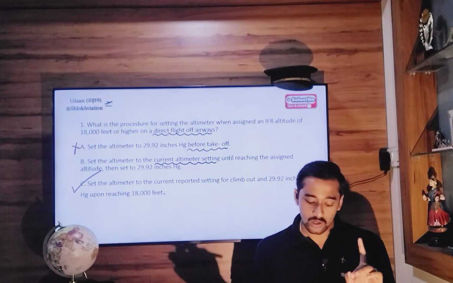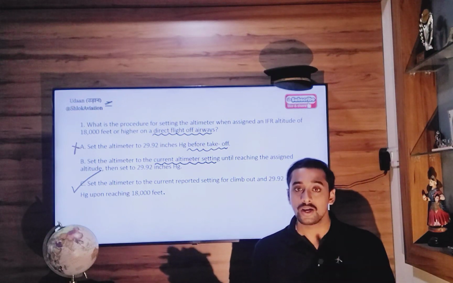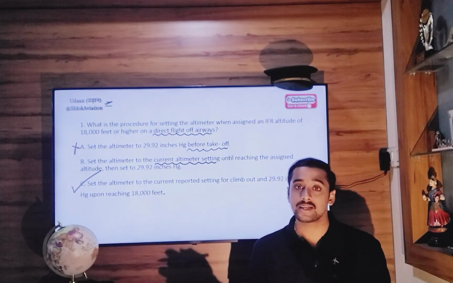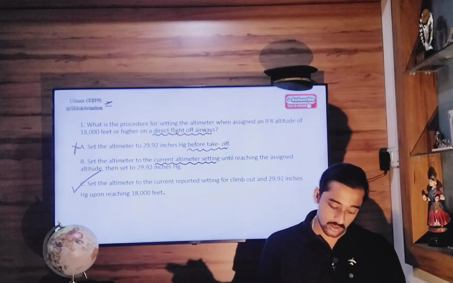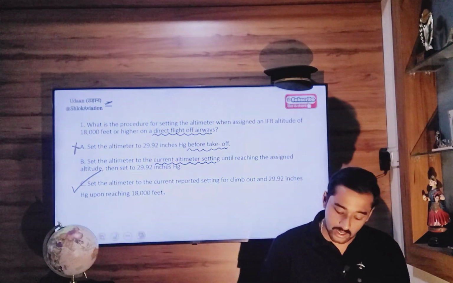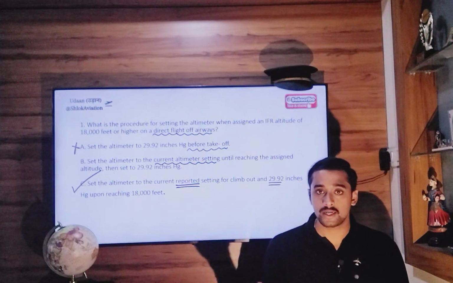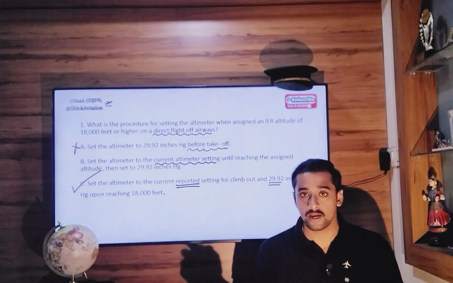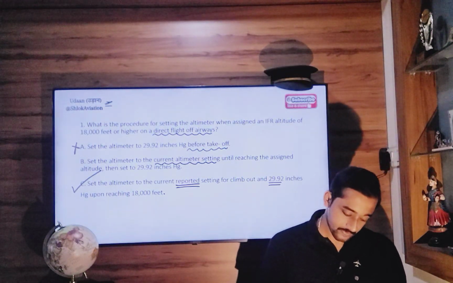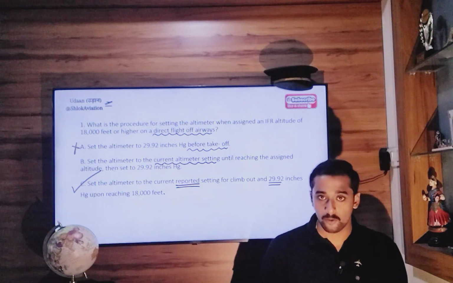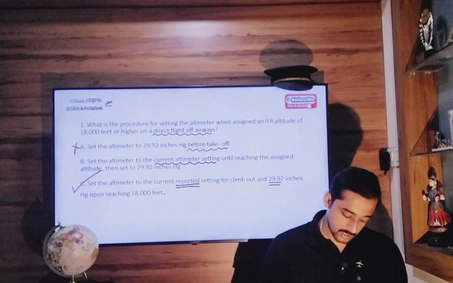You have to set the altimeter setting which is reported to you, given to you by an ATC station. Then change it to 29.92 at 18,000 feet and beyond. So option C is the most correct option.